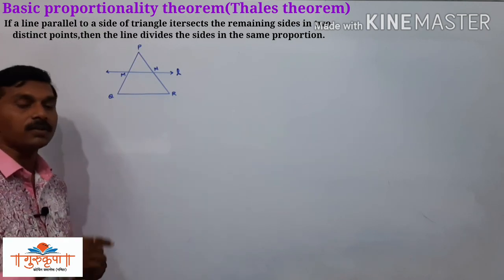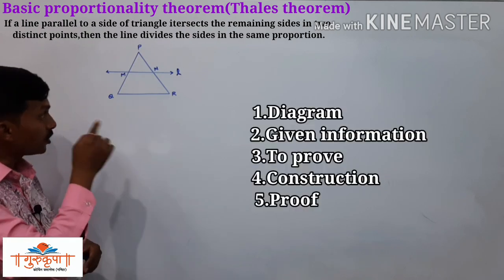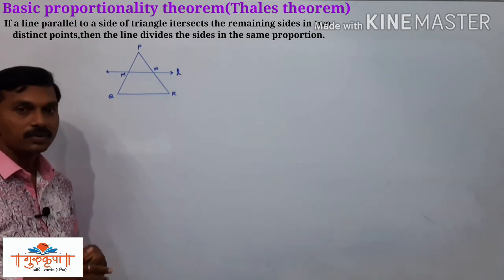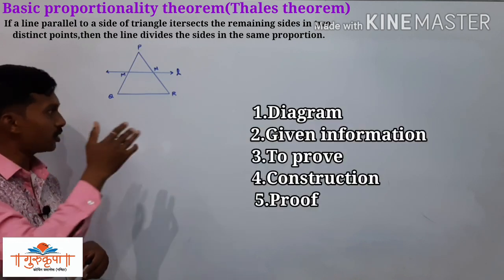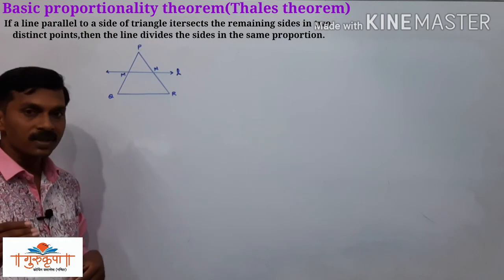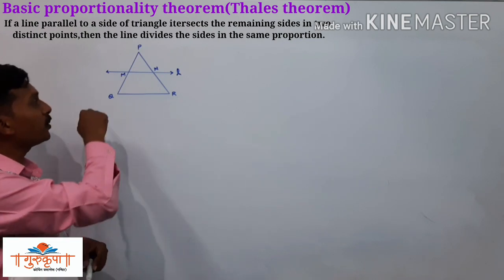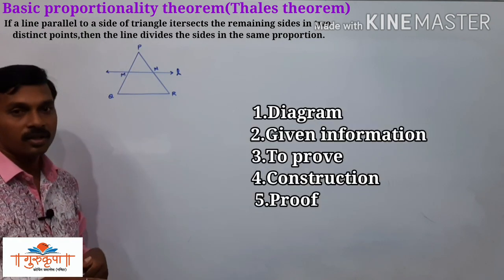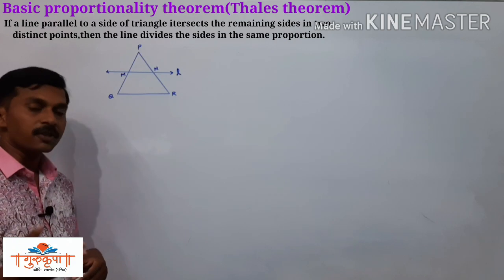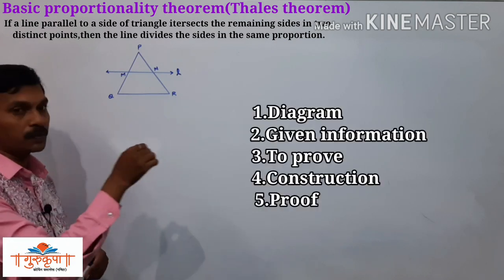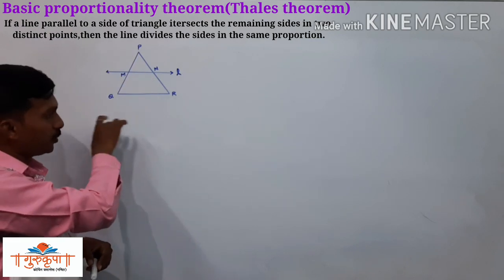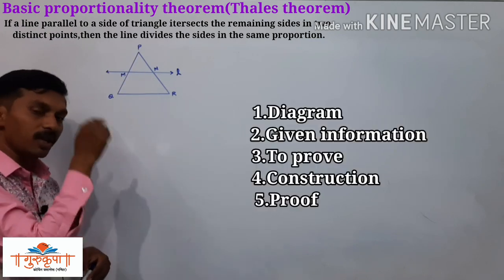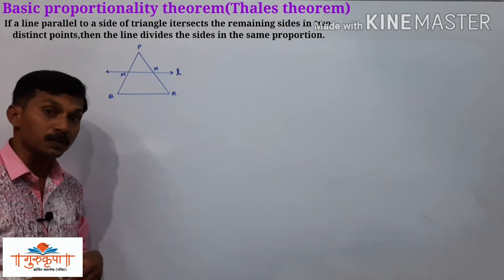The fourth step is construction, which is not compulsory; if it is necessary, we make the construction there. The last and fifth step is to write the proof, where we prove what we have to prove.